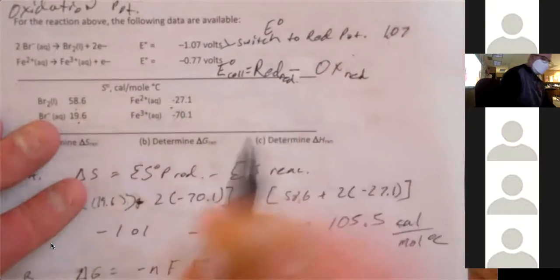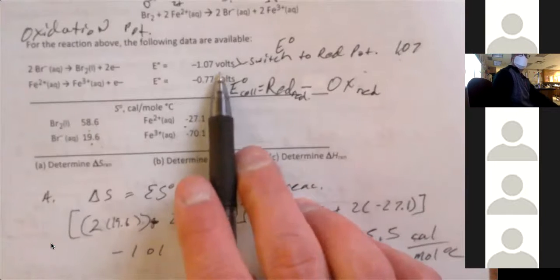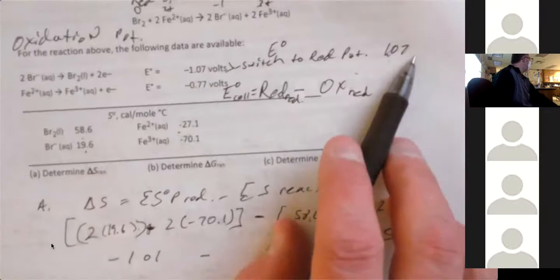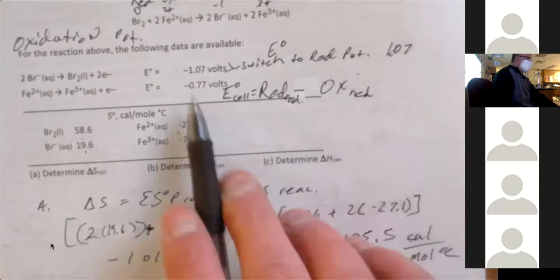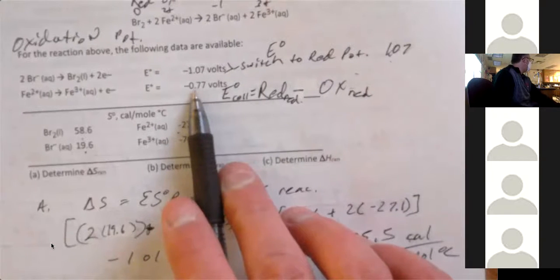We've been using the formula E naught cell equals the reduction potential minus the oxidation potential. So since both of these are oxidation potentials, we change this to the reduction potential by switching the sign. To make this one work, we would also have to change this to the reduction potential.